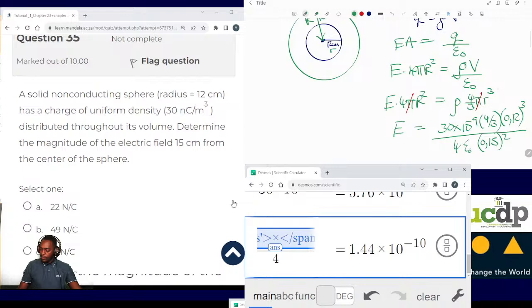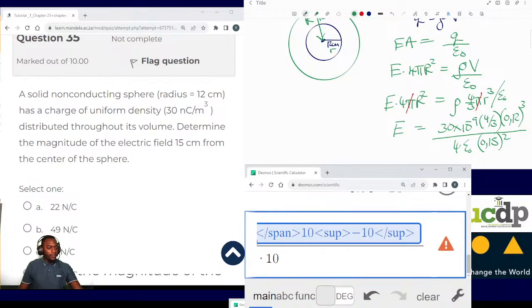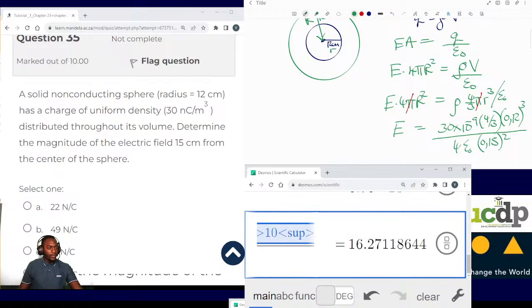For epsilon naught, times 8.85 times 10 to the power of negative 12 times 0.15 squared.